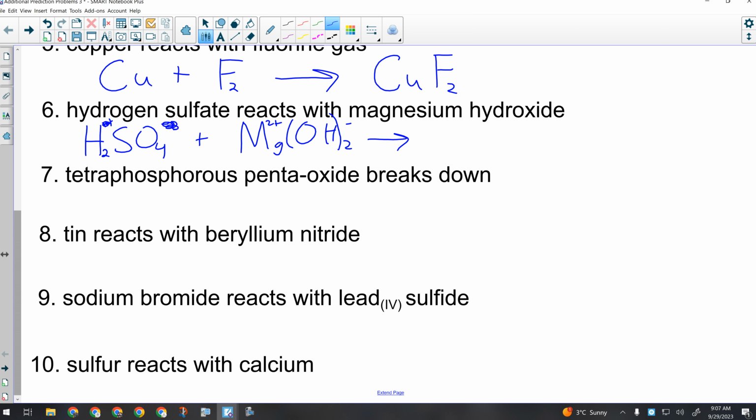What kind of reaction is that? It's a double replacement. So I'm going to swap the metals, which means hydrogen and magnesium are going to switch places. Hydrogen is going to end up with hydroxide, and magnesium is going to wind up with sulfate. That's a -2, that's a +2.